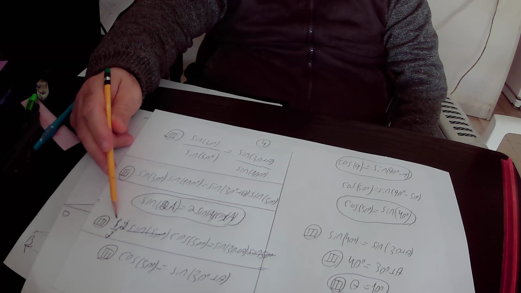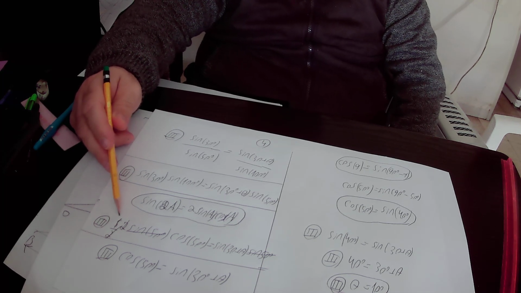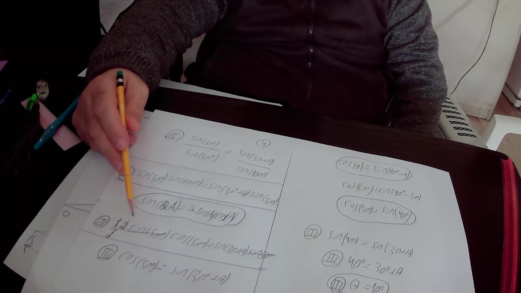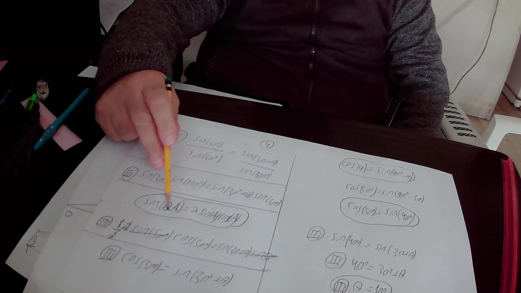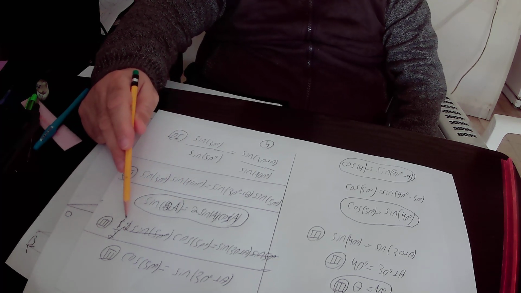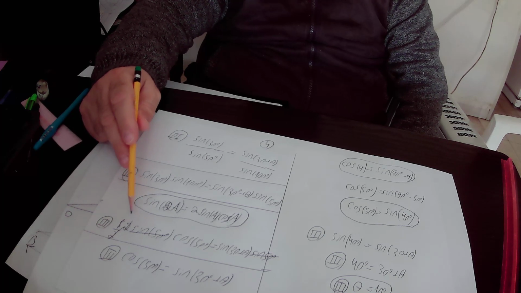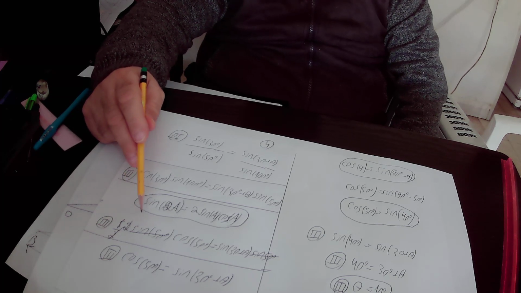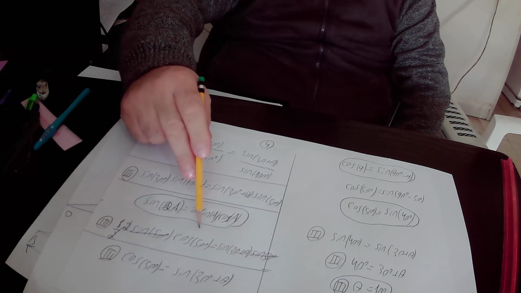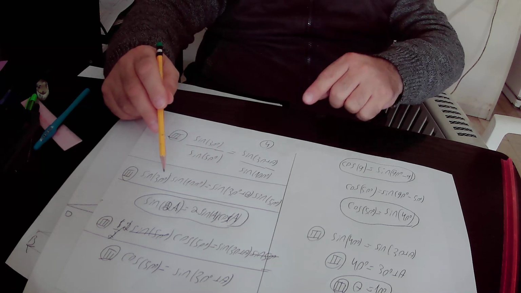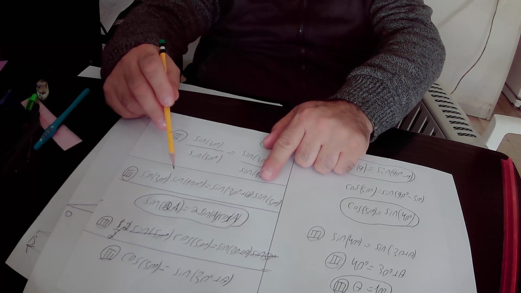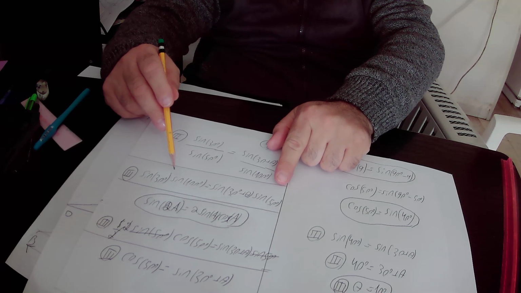So on this side of the equation we got 1 over 2 times 2 sine 50 degrees cosine 50 degrees. 2 over 2 is 1, so the 2 gets cancelled. We are left with sine 50 degrees times cosine 50 degrees, and it equals sine (30 degrees plus theta) times sine 50 degrees.